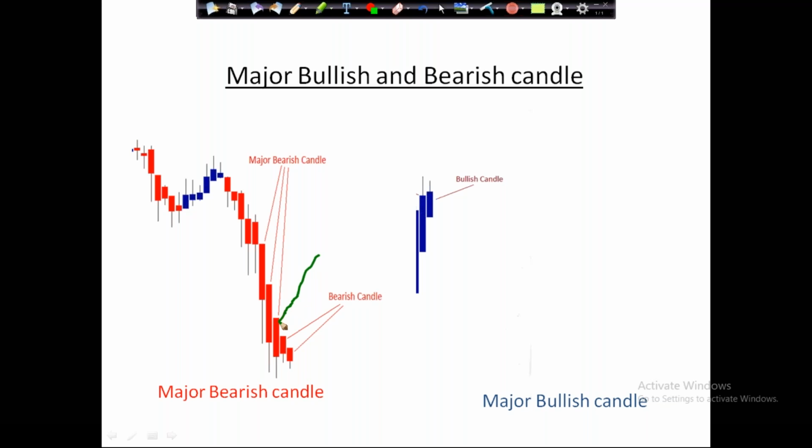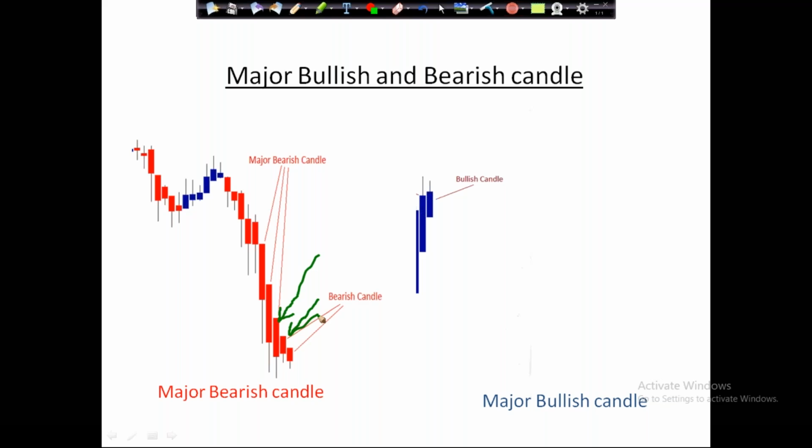This is a strong bearish candle. The trend is showing downtrend, and strength is strong. But the next candle is also indicating a downtrend, yet its momentum, or strength, is very weak, so we must avoid that candle.